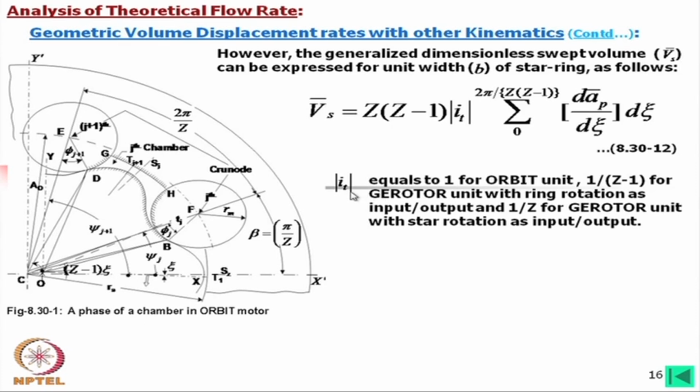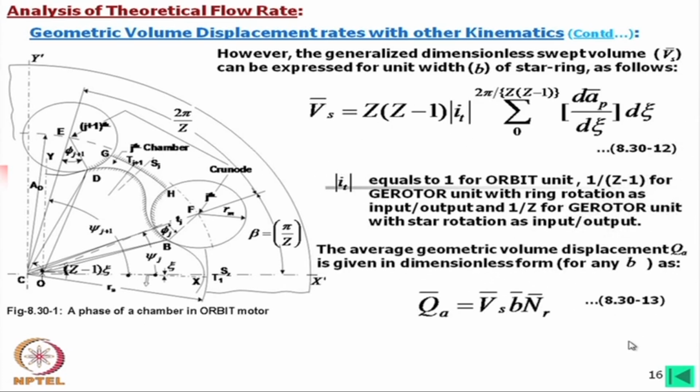Now, this is again the same thing I have described here while you are using this formula. The average geometric volume displacement Q A average, if you estimate this with respect to this, there we will find the flow fluctuation.